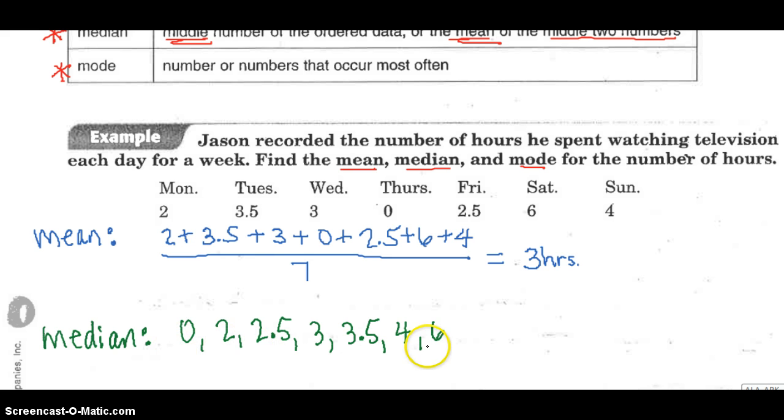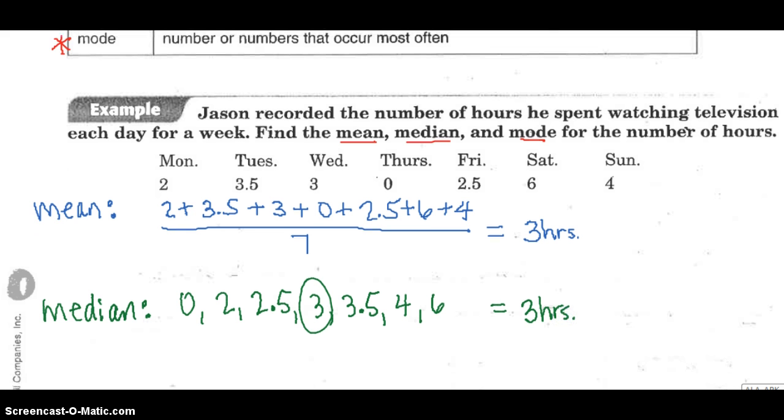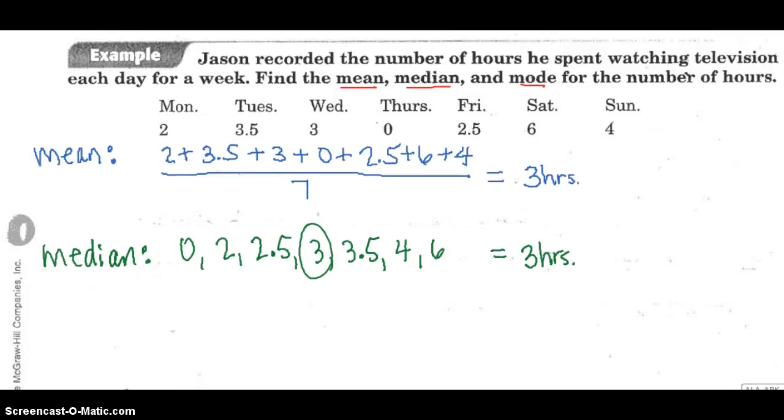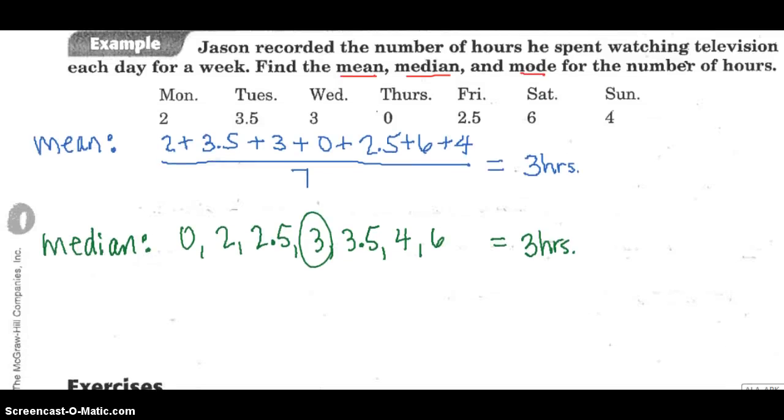So we should have 7 data entries, and the number in the middle is 3. So both the mean and the median give us 3 hours as his average, or the tendency for how many hours a day he spends watching television.